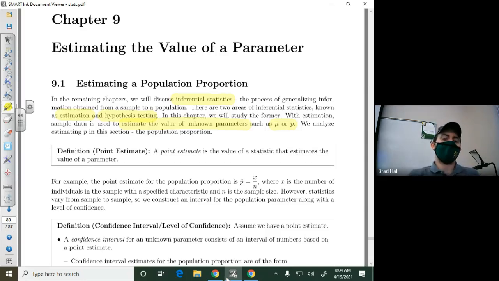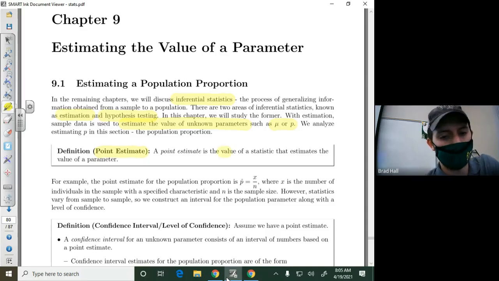And really what we're going to do is start off with these generalities. We'll start off with really more so looking at estimating in general before we look at population proportion specifically. So in general, for estimation, we generally want some sort of point estimate, which is really a starting point.